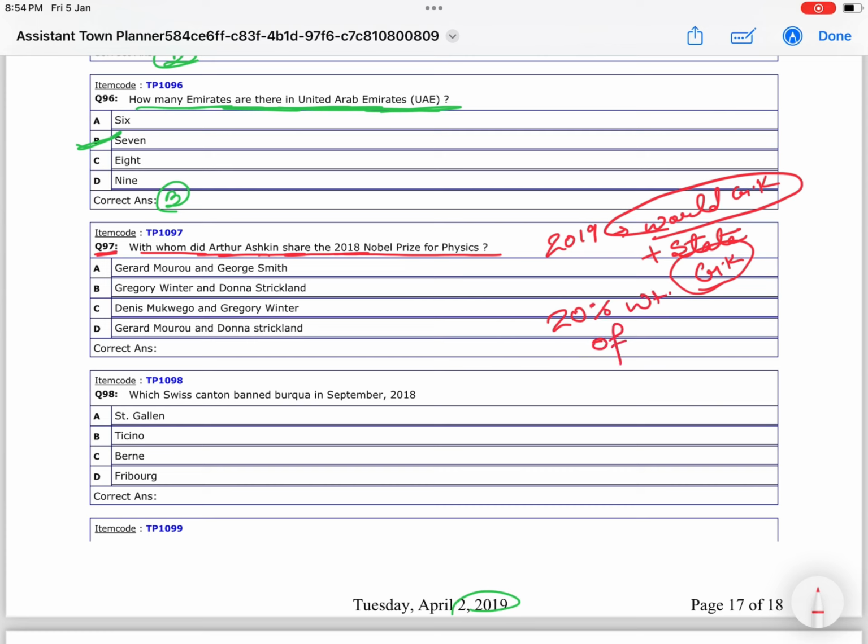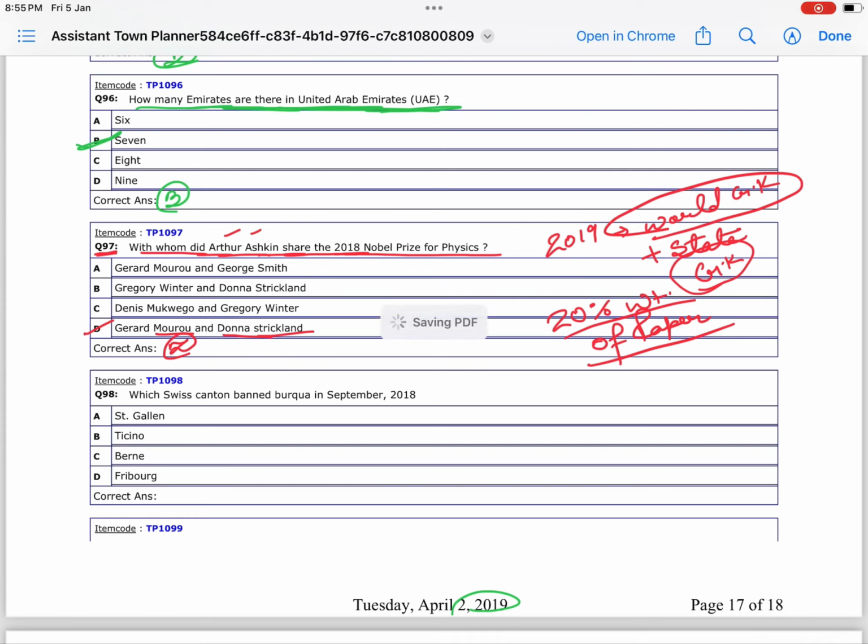You should remember this, okay? So you should have knowledge of it. So if I talk about Arthur Ashkin, he shared the prize with Gerard Mourou and Donna Strickland. The answer is D.